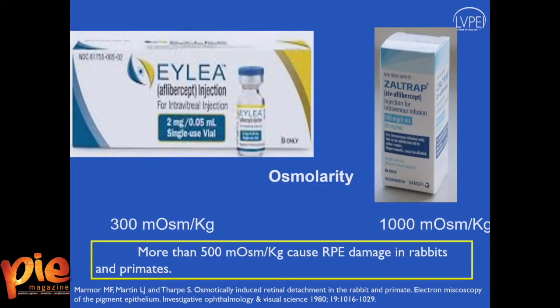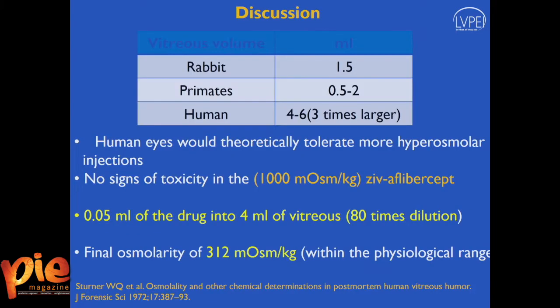So the key difference here is Eylea, if you inject, it's 2 milligram in 0.05 ml, whereas Zaltrap is 1.25 milligrams. As I mentioned, the difference in osmolarity is important because way back in 1980, Mike Marmer had published that if the osmolarity of the vitreous increases beyond 500 milliosmoles, it can cause RPE damage in animal eyes.